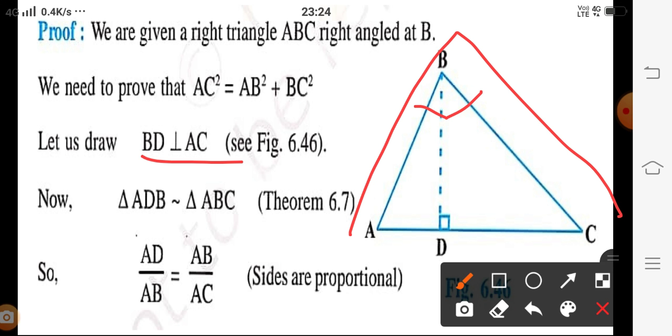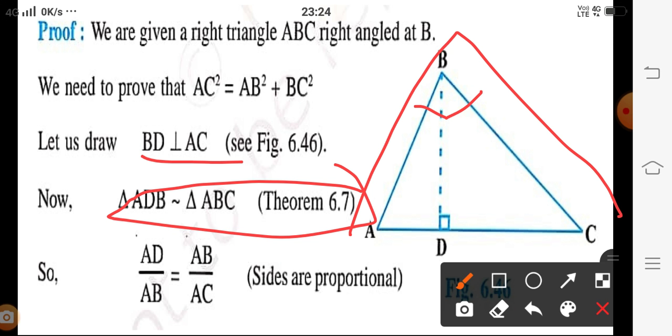and if we draw this, then by Theorem 6.7 we are able to write triangle ADB is similar to triangle ABC, because angle A is common and angle ABC is 90 and angle ADB is 90, and if two angles are equal, it means that the triangles are similar.